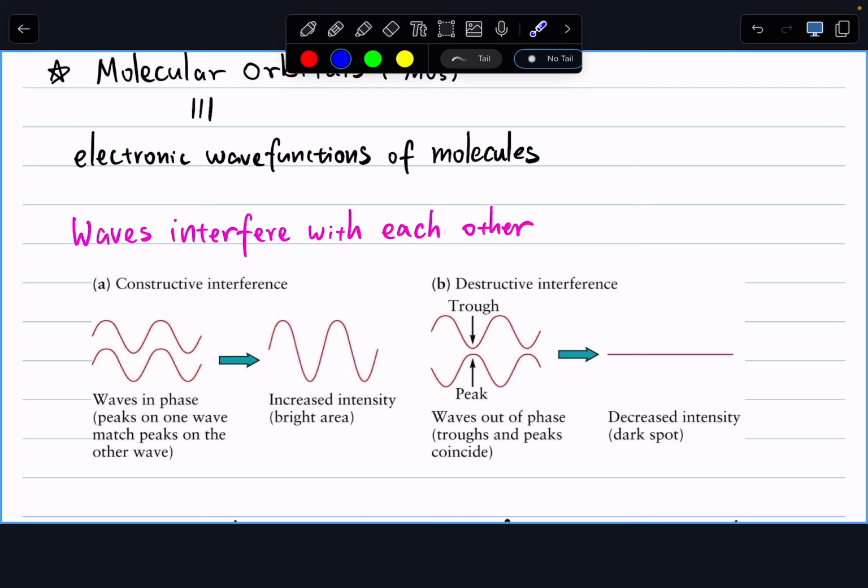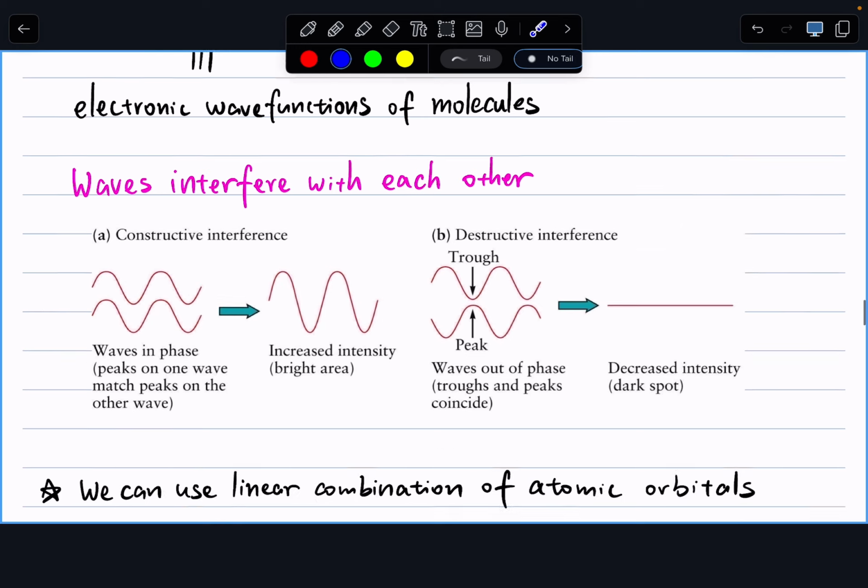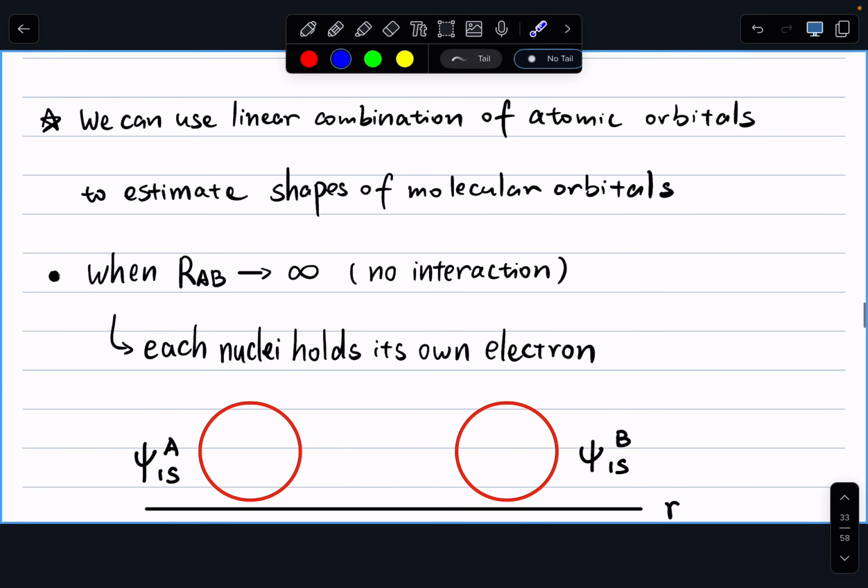Following that, we look at our molecular orbitals coming from the linear combination of atomic orbitals. What does that look like? In the LCAO-MO theory, we can use the linear combination of these atomic orbitals to estimate what a molecular orbital looks like. Let's look at a simple example.